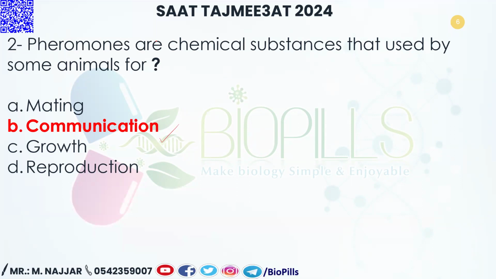By the way, another question says pheromones are used for all of the following except, and he mentions communication, reproduction, mating, but he is using the word growth, so we will exclude it. The most important thing that pheromones are used for is communication.